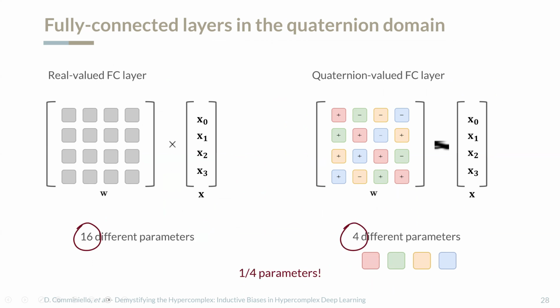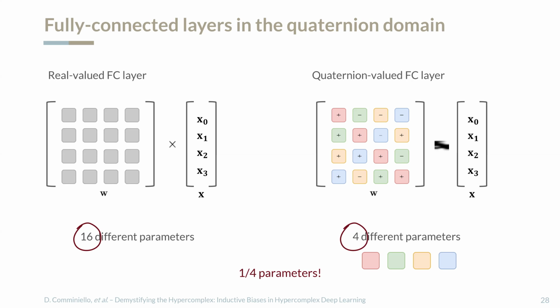So instead of learning 16 different parameters, we are just learning 4 different parameters. Okay, so we have a reduction of 1/4 of the overall number of parameters, and this is a very huge saving, because actually this is a very simple example.